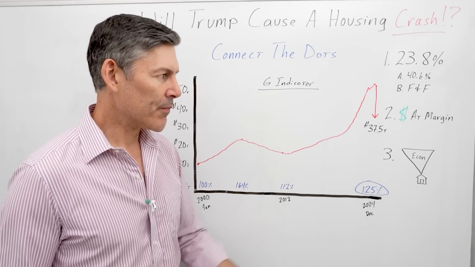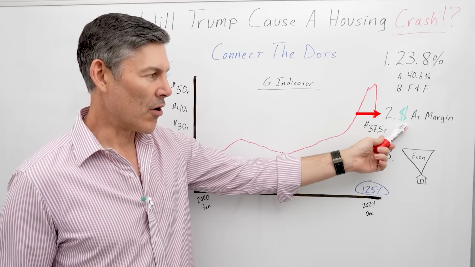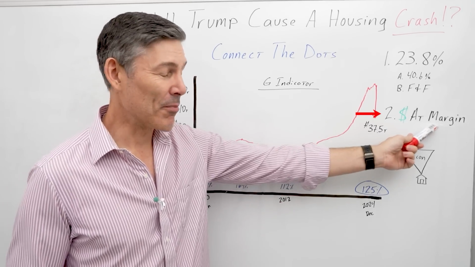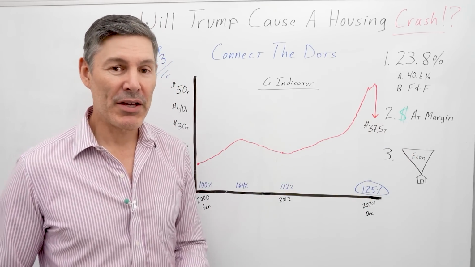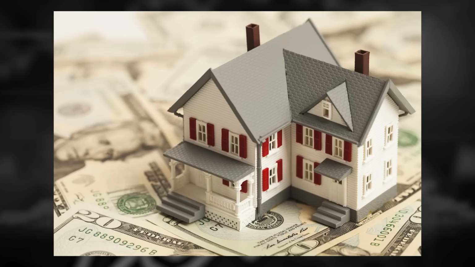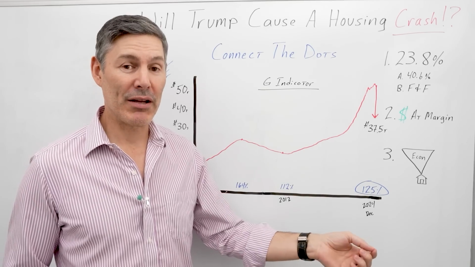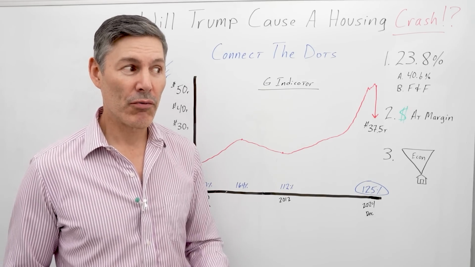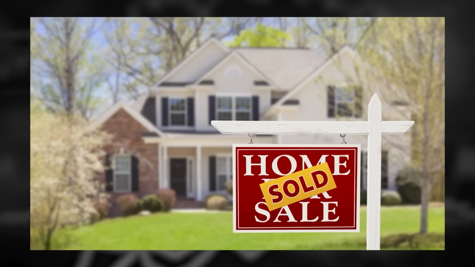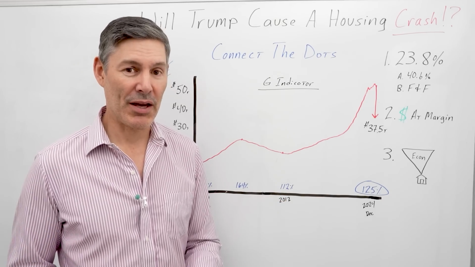But let's remember that home prices are priced at the margin. What I mean by that is the value of your home is really predicated upon what the home right across the street sold for. It's all about the comps at the end of the day.